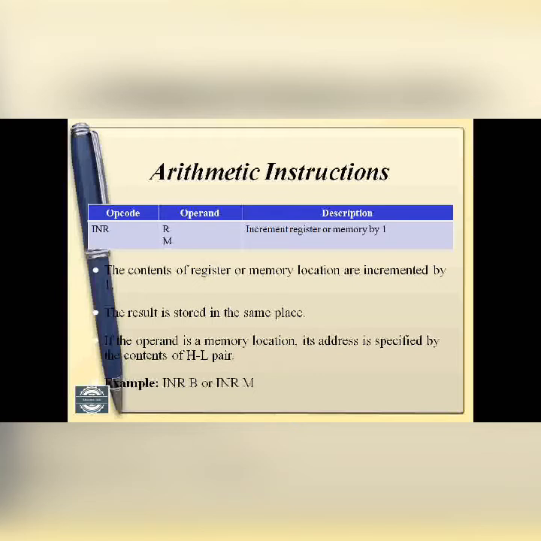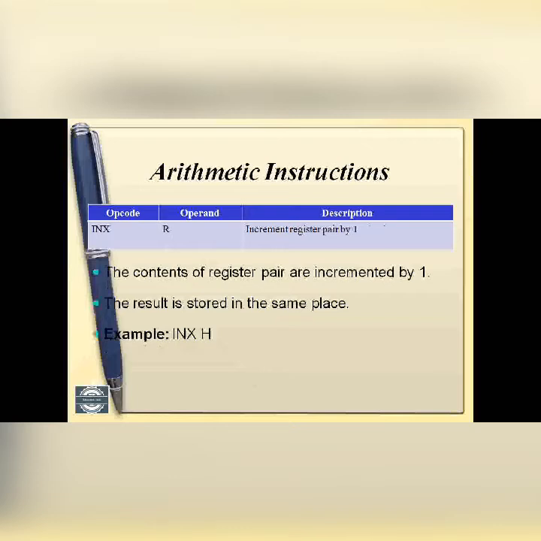It is increment register or memory, both are possible. See it, INR. Now we will discuss INX. Here increment register pair by 1. If it is a register pair only, then INX, and if INR, that means register or memory. I think it is clear to you right now.